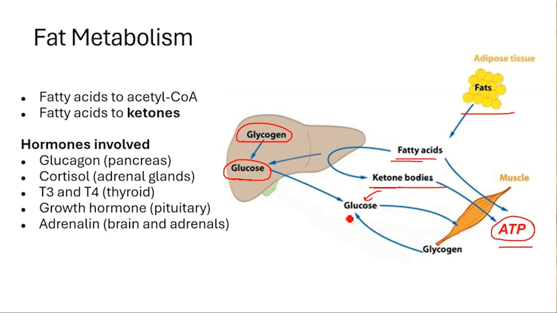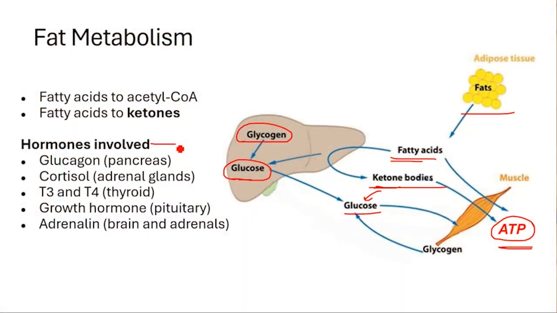We can use glucose or fats or ketones to produce energy. So we have lots of ways of breaking down molecules and converting molecules so that we always have an available supply of a molecule that we can use to make energy.